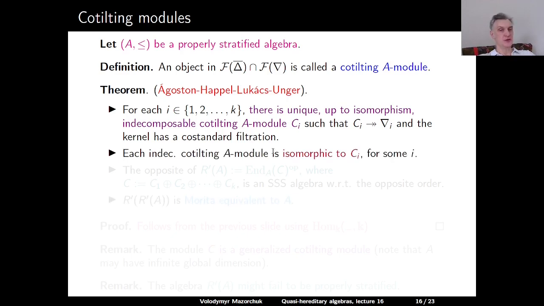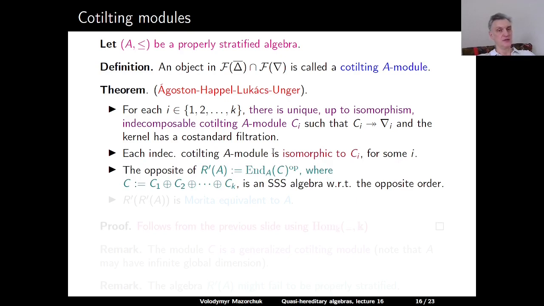Then each indecomposable cotilting module is isomorphic to Ci for some i, and we have the corresponding Ringel dual, which is the endomorphism algebra of the direct sum of all cotilting modules, and then opposite.